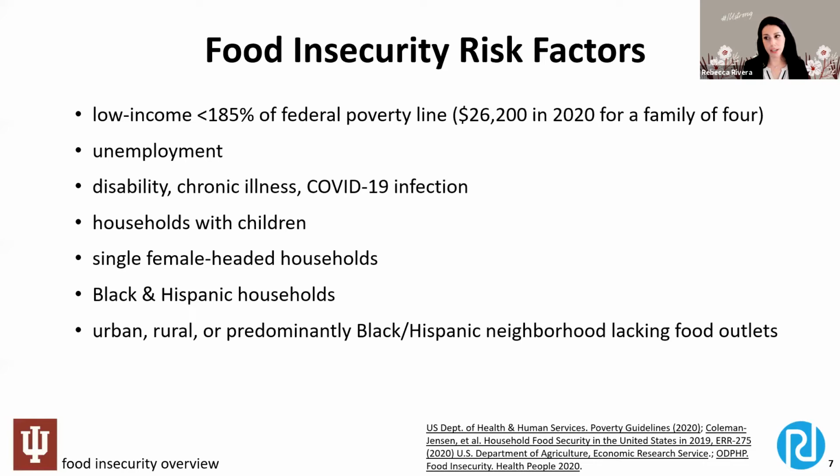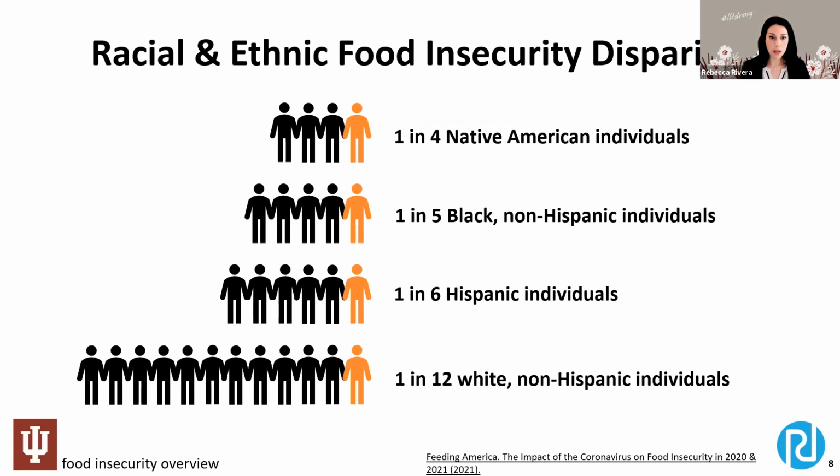Households with children, more mouths to feed, more resources needed. Single female-headed households, Black and Hispanic households, and urban, rural, and predominantly Black and Hispanic neighborhoods with not very many food outlets. So basically living in a food desert. The racial and ethnic disparity.